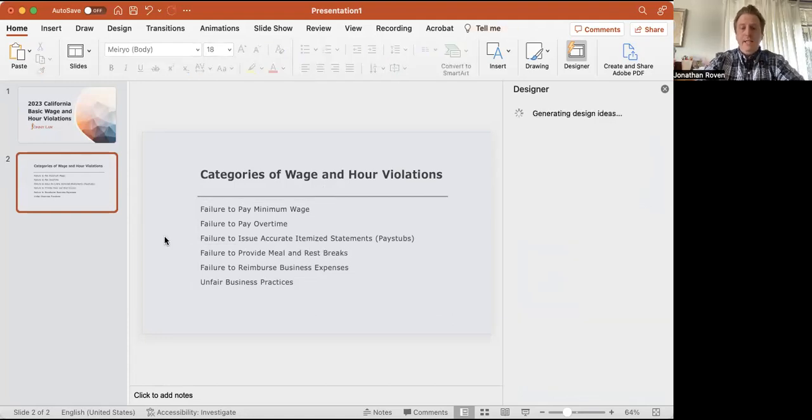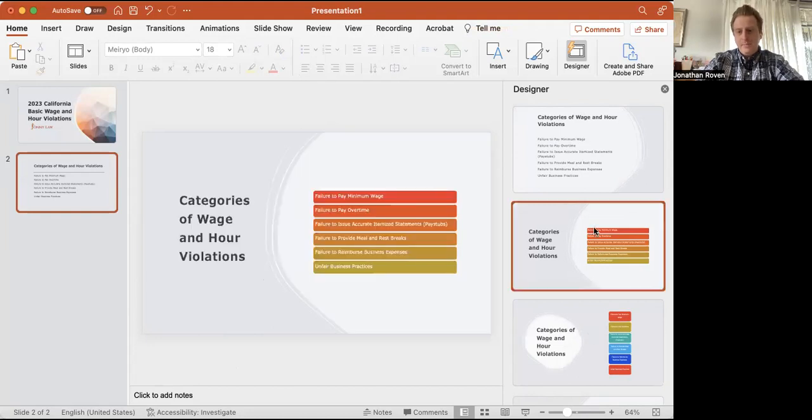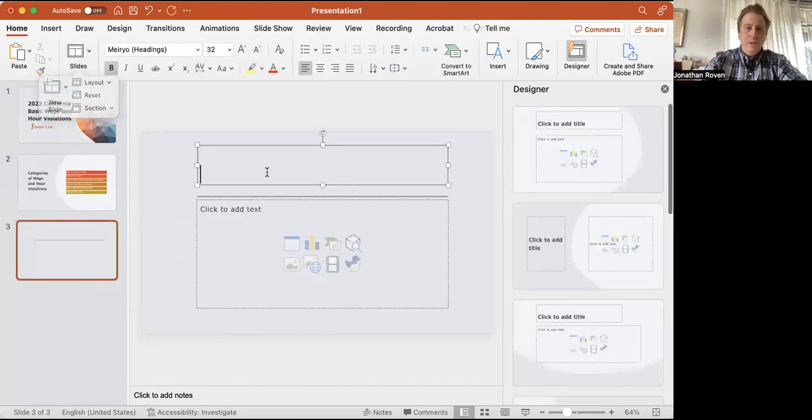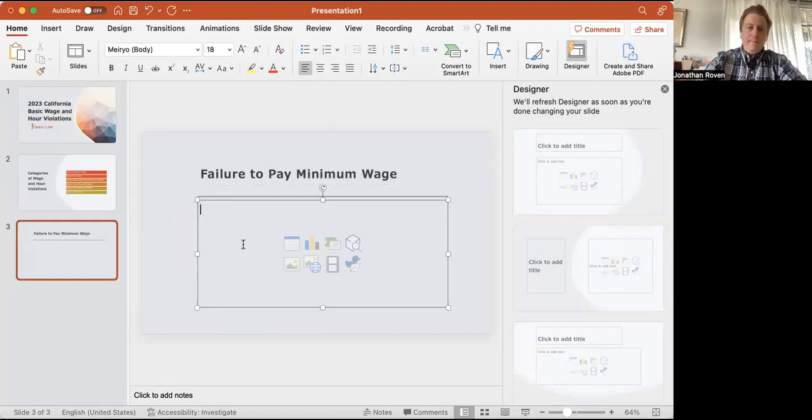Literally, you could do an hour-plus topic on each one of these, but for brevity, this is just going to be a basic overview. So let's start with the first one, which is failure to pay minimum wage.